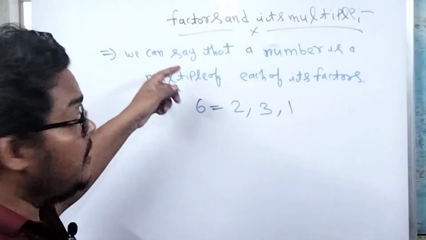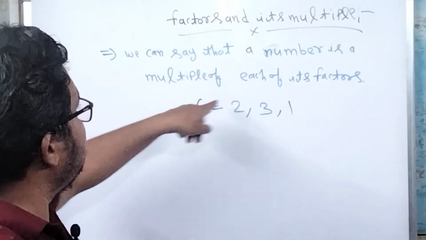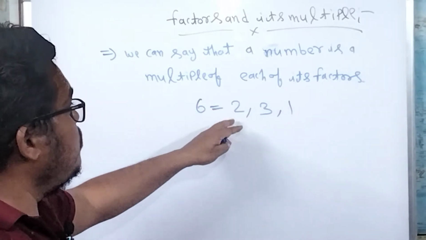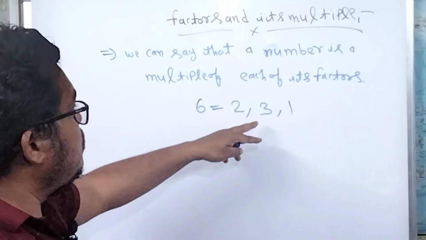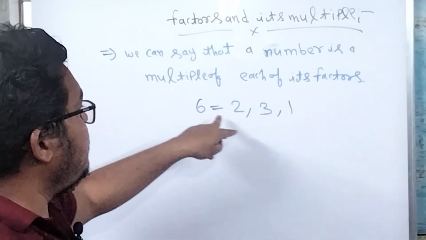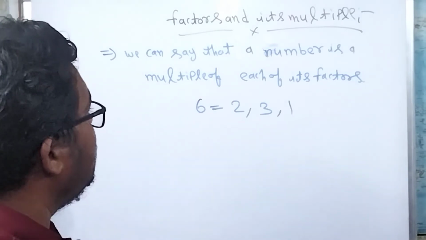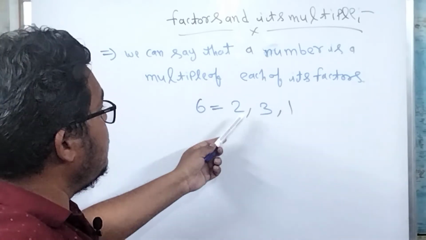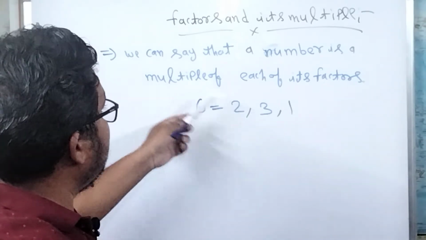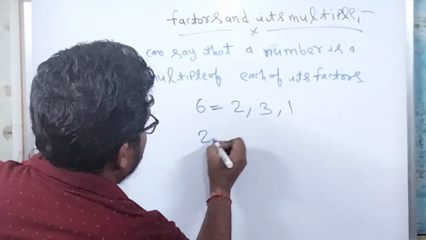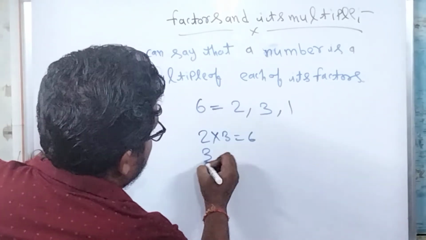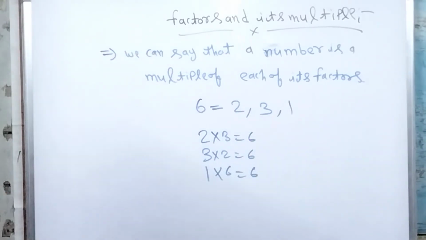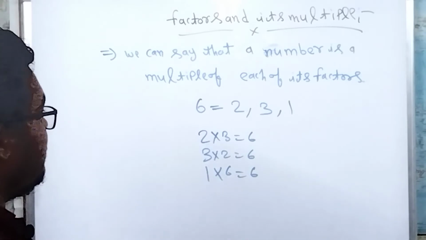In the above we see that a number is a multiple of each of its factors. Here 2 times 3 is 6, 3 times 2 is 6, and 1 times 6 is 6. For every factor, its multiple is 6. Every number is a multiple of its factors.